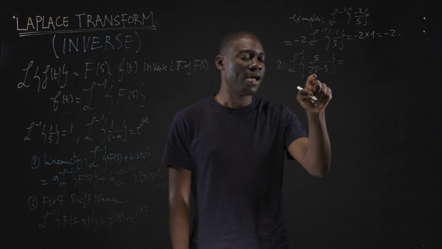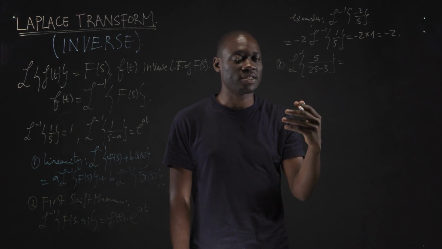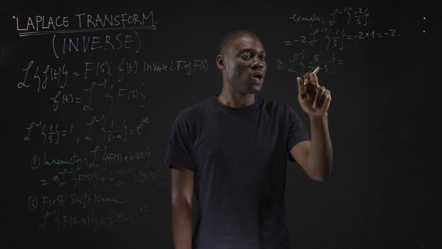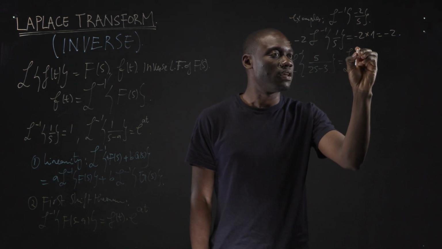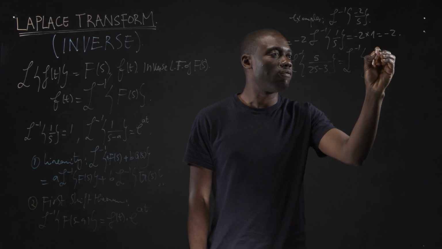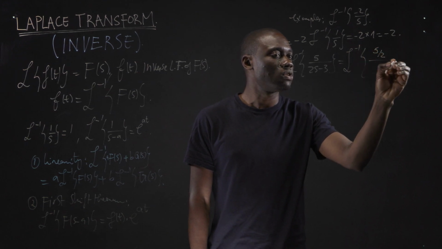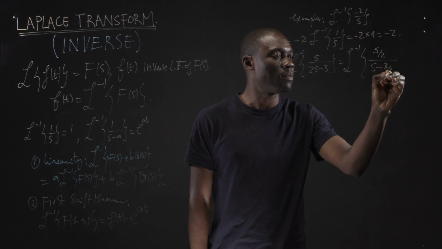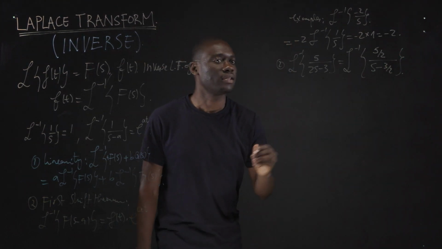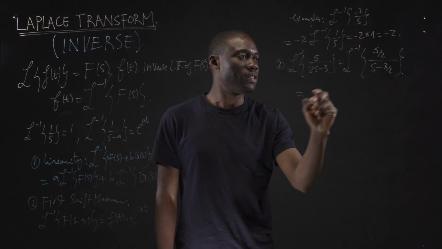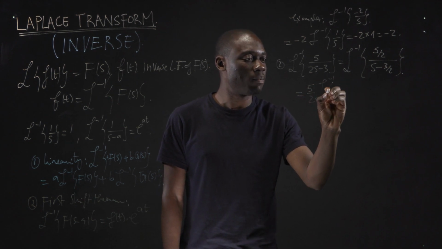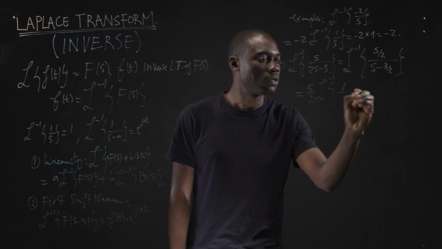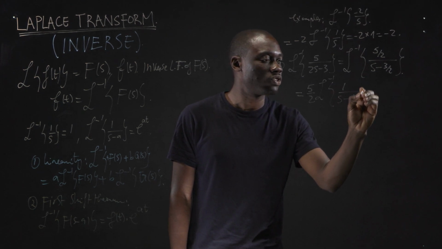Here I see that I can have the denominator expressed as s minus a, right? So I will divide the denominator by 2, and this will give me the inverse of 5 over 2 divided by s minus 3 over 2. Applying the linearity, this will give you 5 over 2 times the inverse Laplace transform of 1 over s minus 3 over 2.